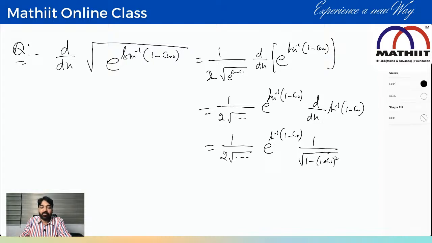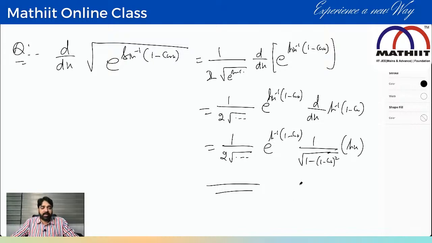Sine inverse is defined only when that quantity is at most 1. If I write 1 plus cos x, it can be greater than 1, no? So sine inverse of something differentiation is 1 by root of 1 minus something square, into that something's differentiation. Something is 1 minus cos x. That differentiation I can do directly: 0 minus cos x differentiation, minus minus sin x, so plus sin x. This is the final answer.